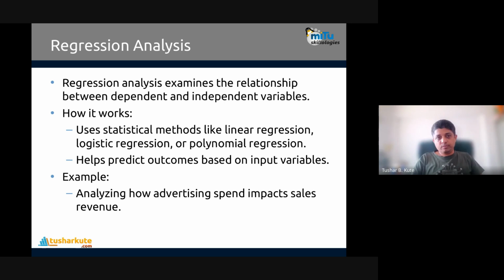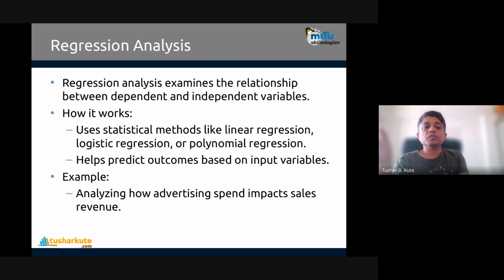This is called regression analysis. We have two variables, dependent and independent. The dependent variable is the outcome variable, which changes according to the independent or input variable.